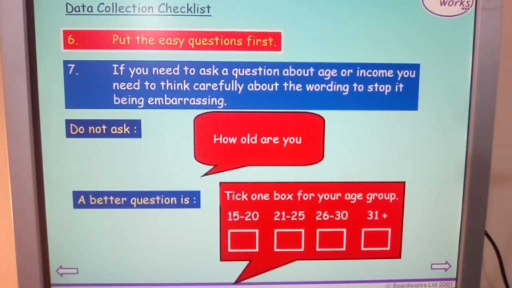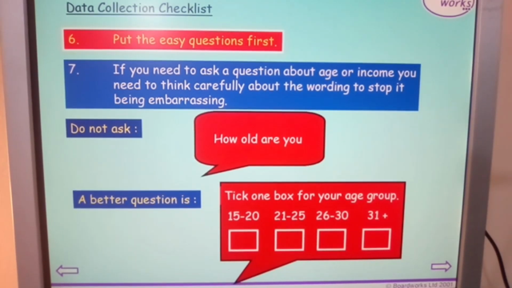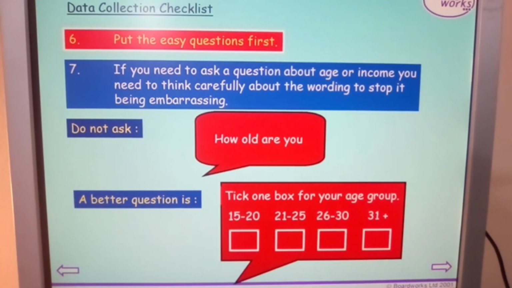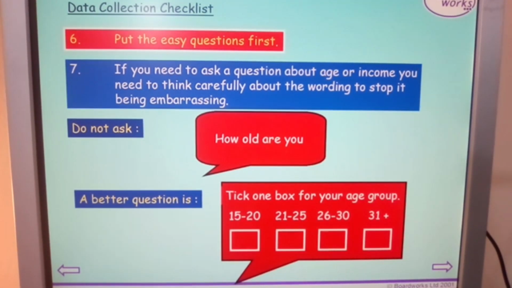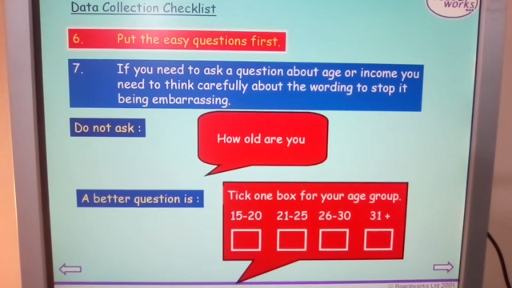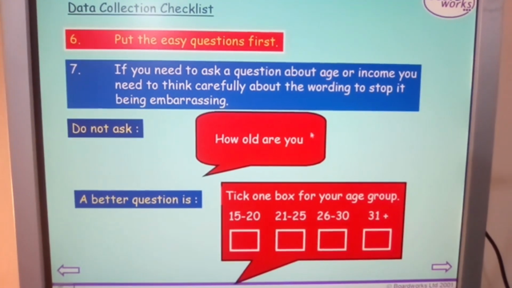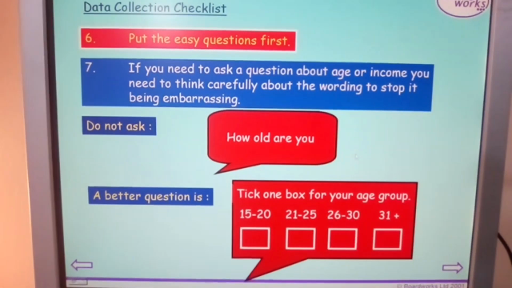If you need to ask a question about age or income, you need to think carefully about the wording to stop it being embarrassing. Do not ask, how old are you? A better question is, tick one of the boxes for your age group.